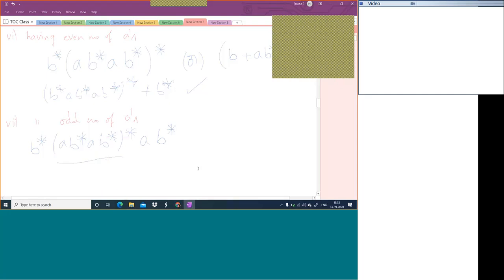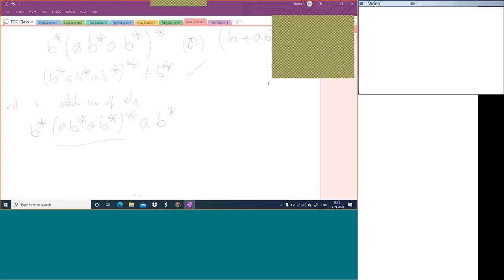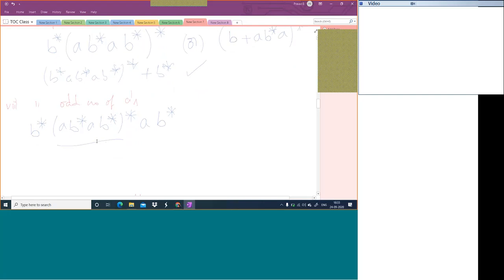Next, similarly, this expression gives even number of A's. For this, we will add one more A. Or B plus A B star A whole star.